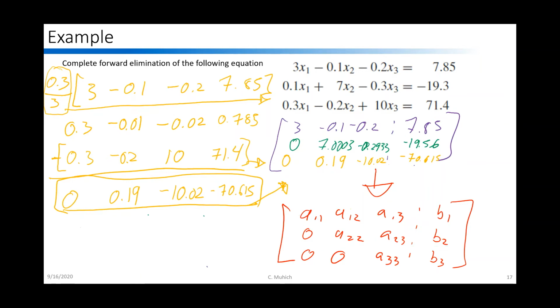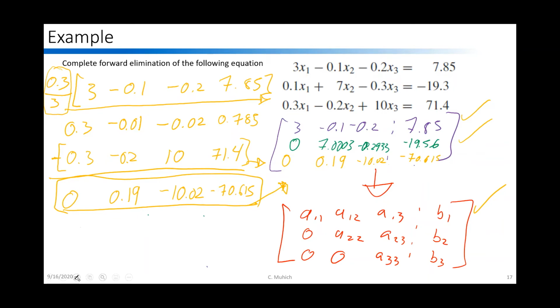I have the first row, a set of numbers, so that first row is good to go. If I look at my second row, I've got a 0 in the first column and numbers everywhere. But in the third row, I only have a 0 in the first column.